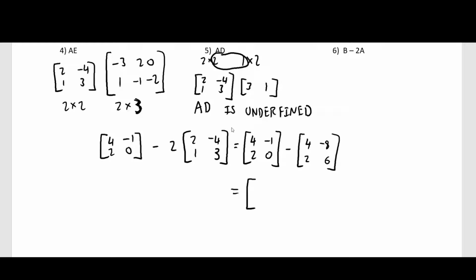Then we can simplify it further here. 4 take 4 is nothing. -1 take -8 is -1 plus 8, which is 7. 2 take 2 is nothing. 0 take 6 is -6. So here we're left with our answer being 0, 7, 0, -6.